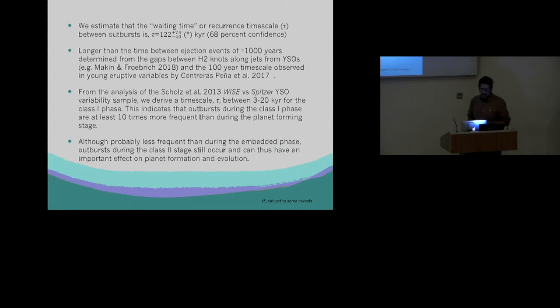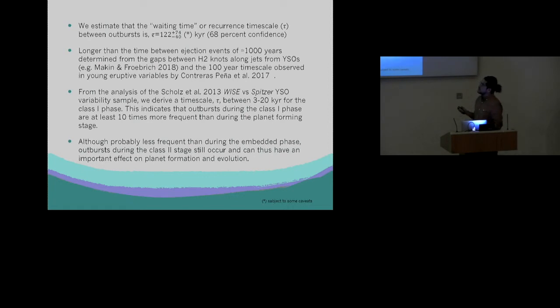Given these numbers, we're able to estimate that the waiting time or recurrence timescale of the outbursts is about 122,000 years. This is longer than the time that you would expect in the class 1 phase, as evidenced from the gaps between H2 knots along the jets of YSOs. And we also reanalyzed a sample of Scholz et al. 2013 in order to only select class 1 objects.